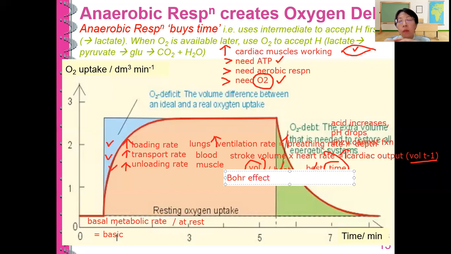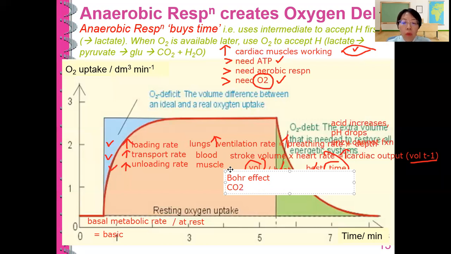So Bohr effect says that whenever there's a high partial pressure of CO2, this will cause the oxygen dissociation curve to shift to the right side. Right side means release, right? So why does it shift to the right side? You know the process of CO2 being transported, right?